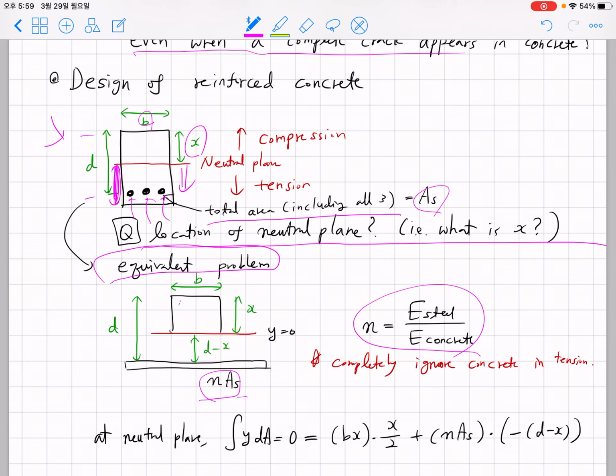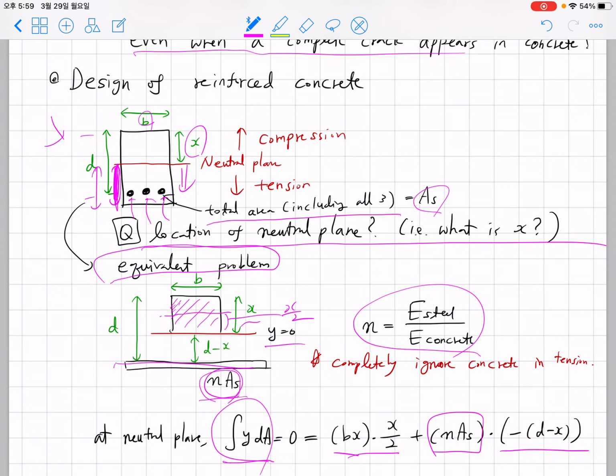So the integral of y dA equals 0, and to obtain this integral, we simply obtain the area of the top body, which is b times x, and we know the location of its centroid, which is x over 2 for a rectangular shape. And we have area n times As at the bottom, and we have the distance to y equals 0, which is d minus x.